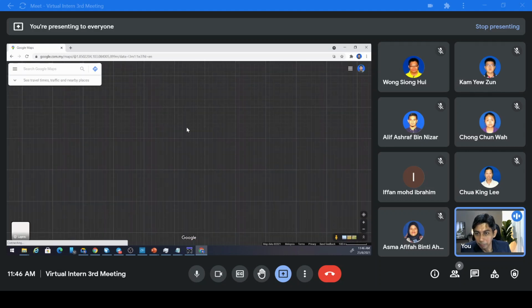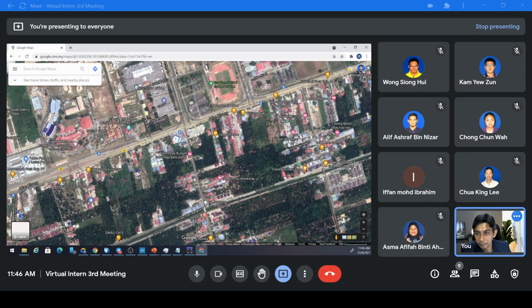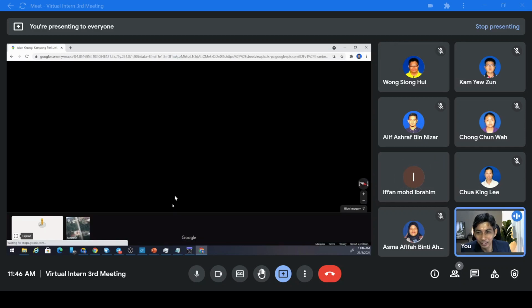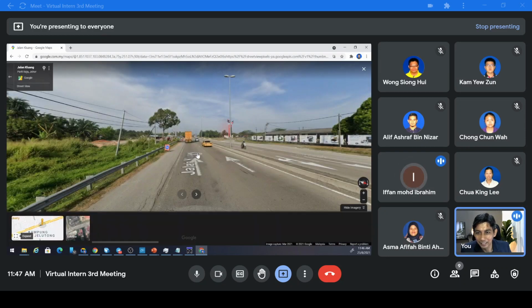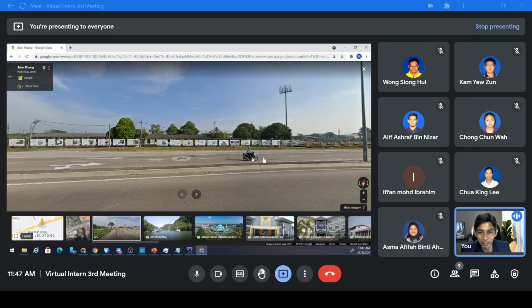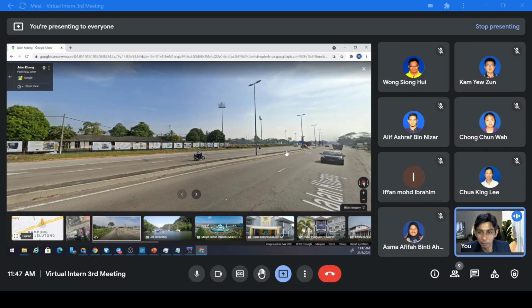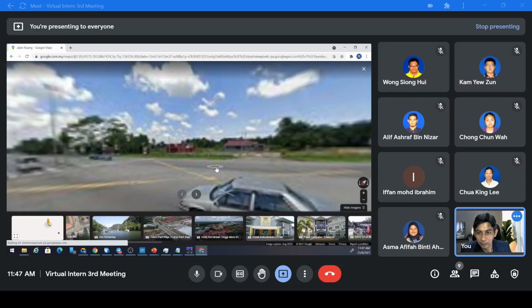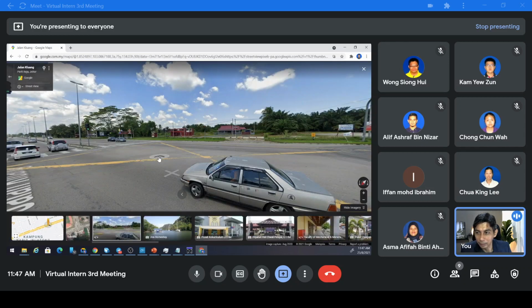This is the UTHM main entrance. Rindunya UTHM. Ya. Lama tak balik UTHM. Rindu UTHM. Hopefully, you can see this using Google. Where? Oh, ni traffic light bukan kat sini. This is the main entrance kat sini. Okay. This is the traffic light entrance tu.